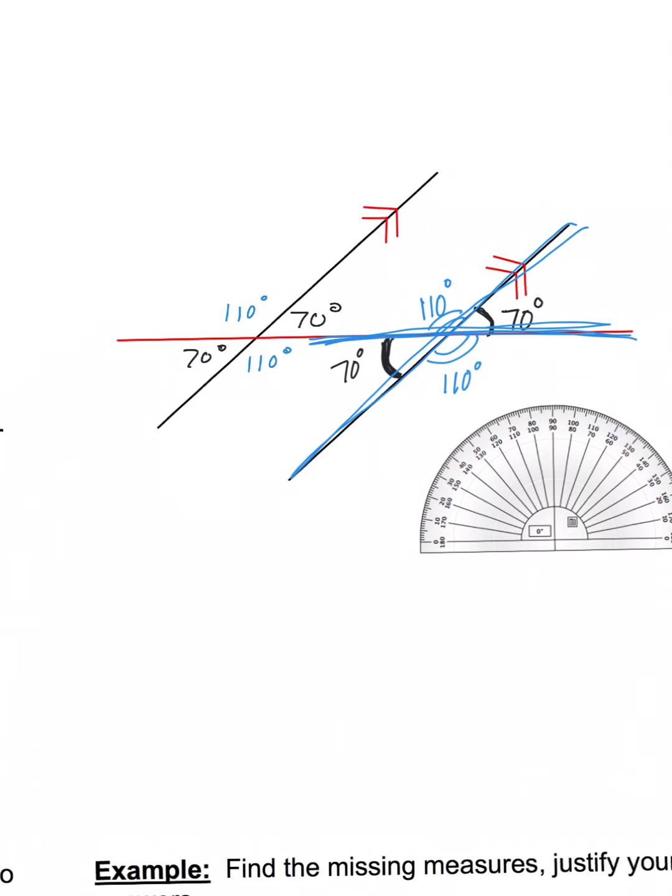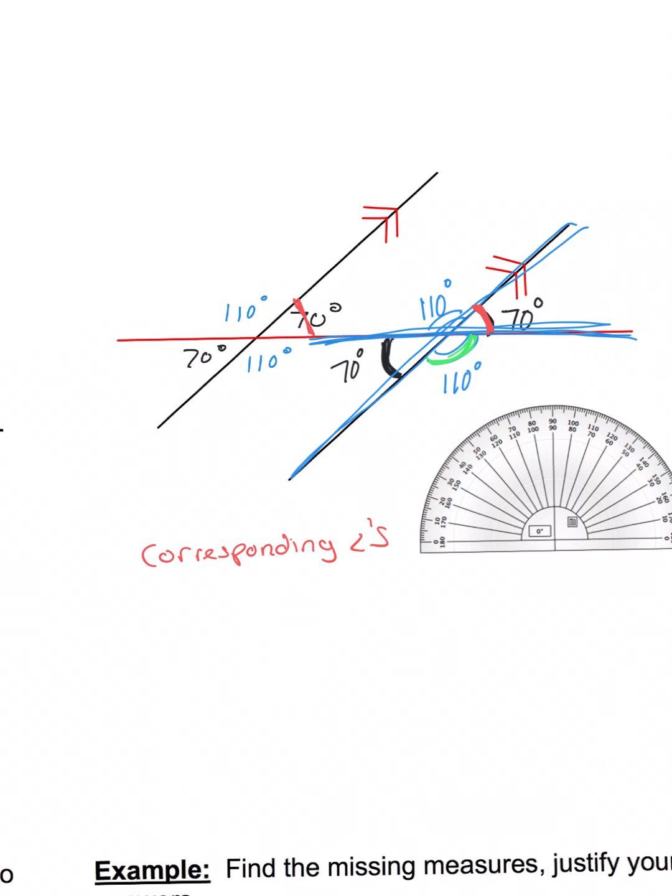So what's important about this? All the angles you learned yesterday are going to have certain relationships. We learned corresponding angles. Remember, those are the ones in the same location. Look at the corresponding angles. Here's upper right, here's upper right. Notice how they're both 70.